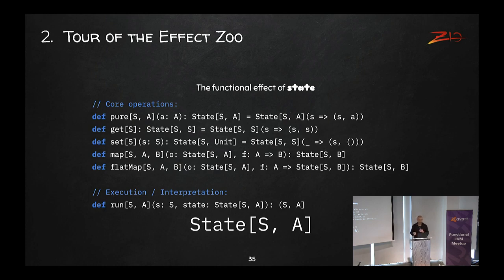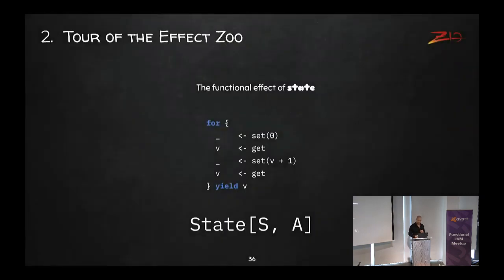To run a State, we have to supply the initial state, as well as the state type, and then out of that, we get back the new state and the success value. Because this functional effect, like the other one, supports map and flatMap, it means that we can use it in for comprehensions. And we can write code that looks like this, like it's actually incrementing stuff.